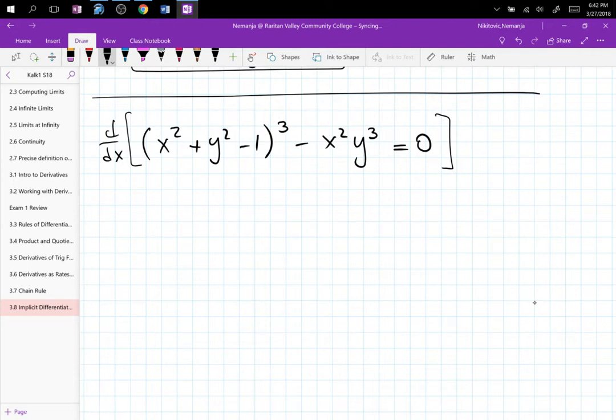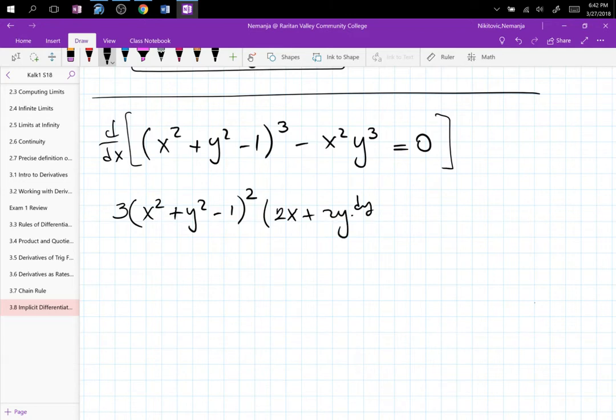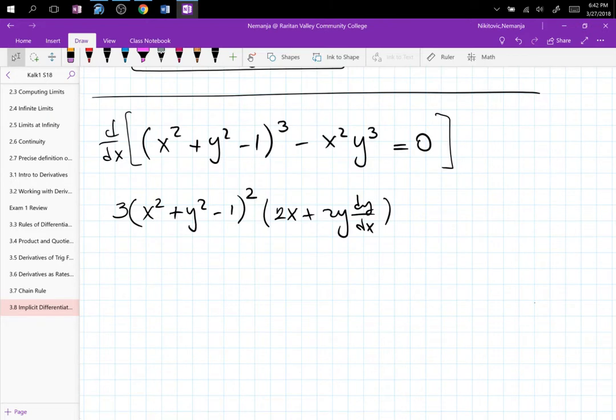So we start with the chain rule. 3 goes in front. We copy the inside as is, right? Because that's the way the chain rule is done. Put a square up there. So that's the standard chain rule stuff, where you drop the exponent, copy the inside, and then times the derivative of the inside, which is 2x plus 2y dy dx, and then the derivative of 1 is nothing, so just leave it there.